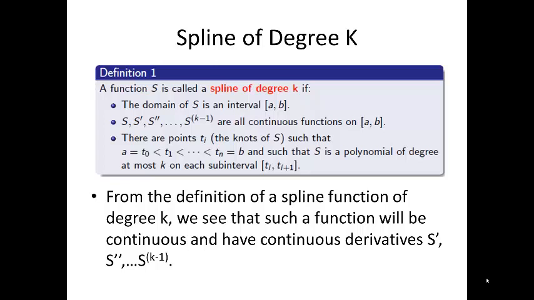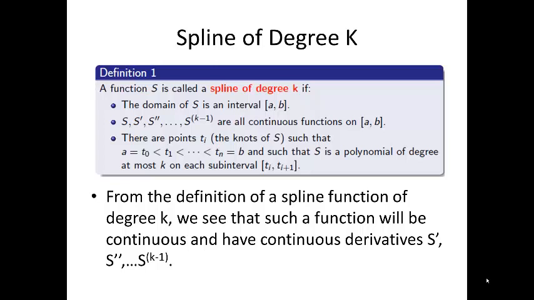A function s is called a spline function of degree k if the domain of s is an interval [a, b], s', s'', up to the (k-1)th derivative of s are all continuous functions on that interval [a, b], and the knots are present such that s is a polynomial of degree at most k on each subinterval [t_i, t_{i+1}]. Basically, the last condition says there are points t_i that form the knots, that those are in fact ordered, and s is a polynomial of degree k on each of the individual subintervals between those knots.